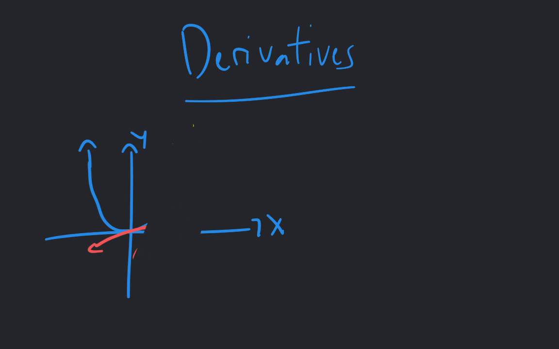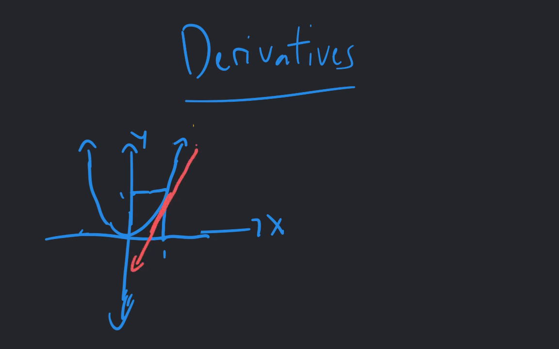If we're looking at a specific point, like 1, 1, we know that the equation for the graph would be 2x minus 1.